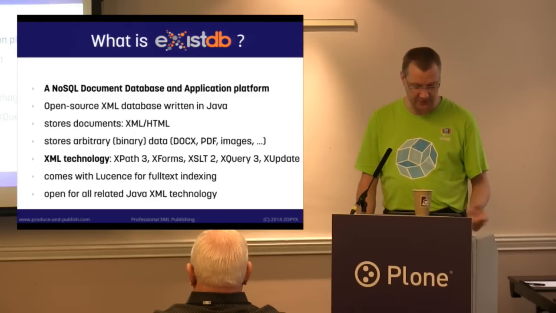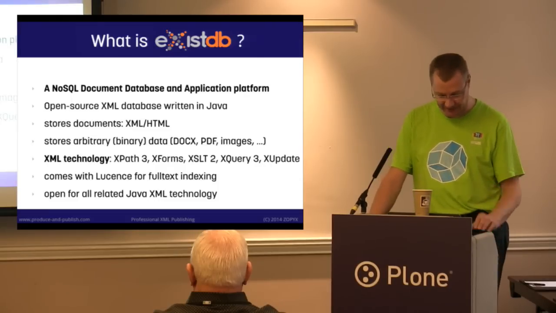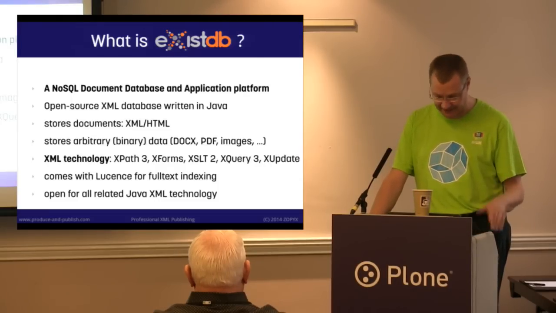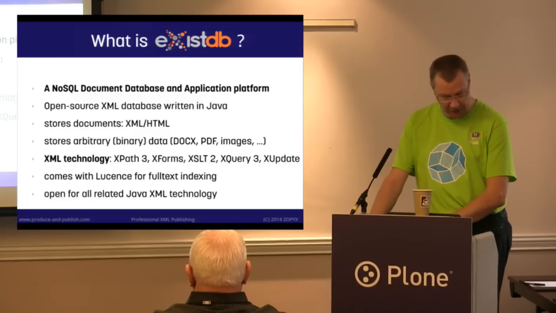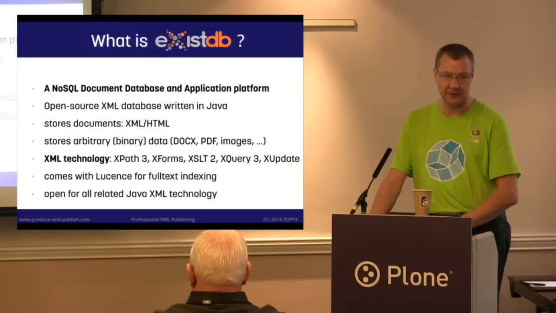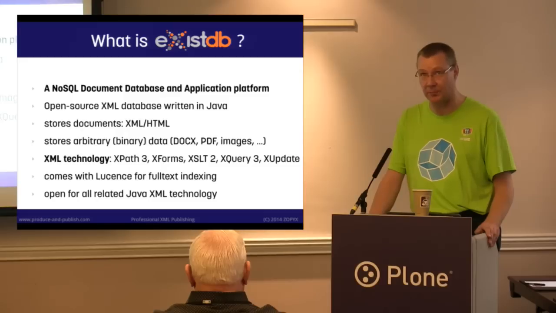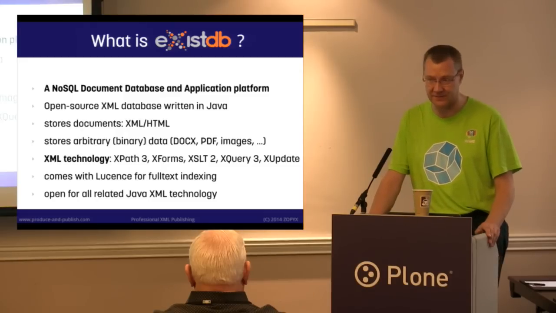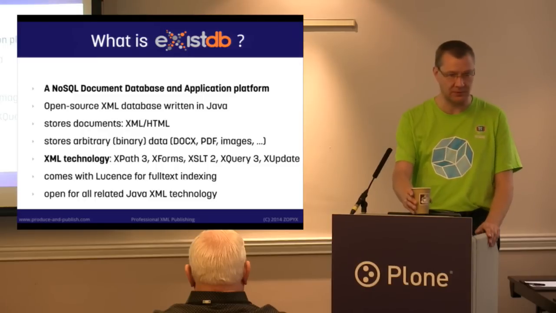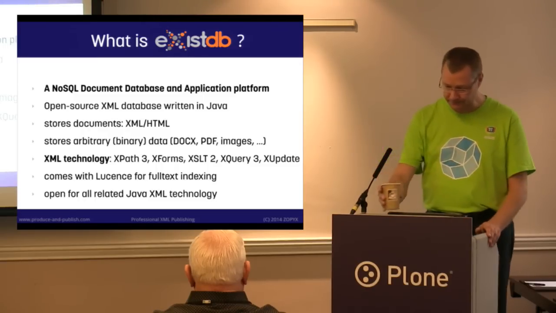It supports the most current XML technologies like XPath 3, XForms, XSLT, XQuery 3 and so on, and it also comes with Lucene for full-text indexing, which basically provides you with a very powerful, enterprise-level full-text search comparable to what you have on Google.